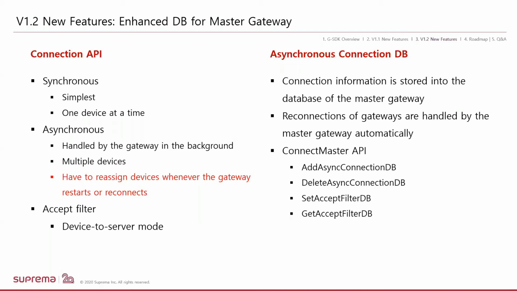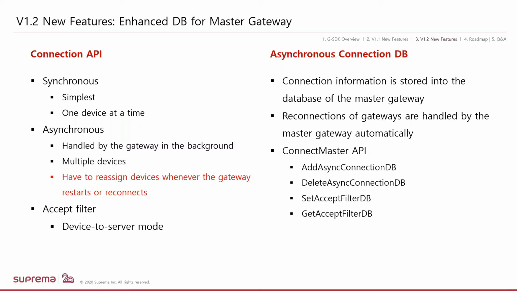It means that if the gateway is reset for whatever reason, you have to set the asynchronous configuration information again. In fact, it is a limitation of the device gateway itself, because the device gateway does not have any database. So you have to reconfigure the connection every time the device gateway restarts.